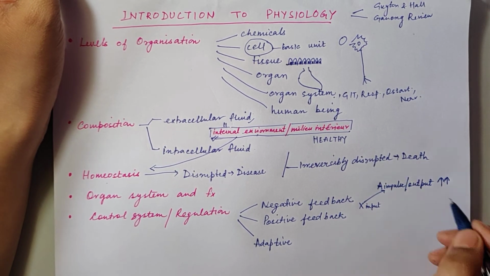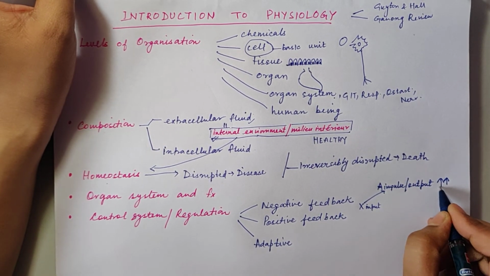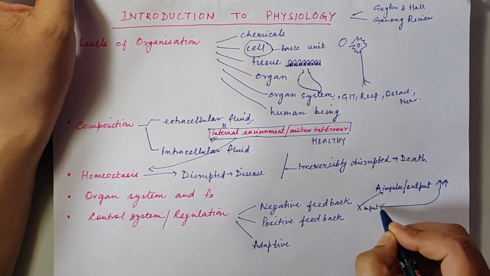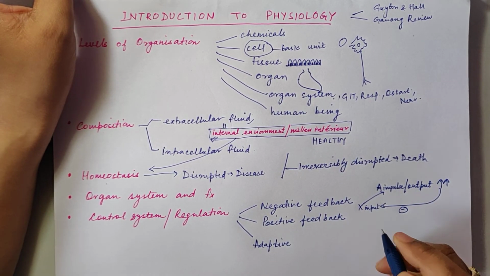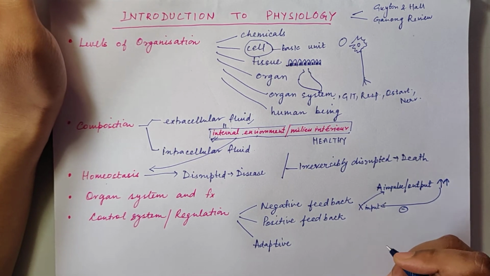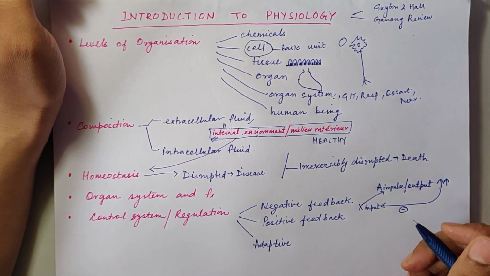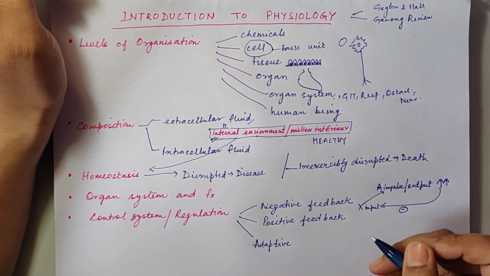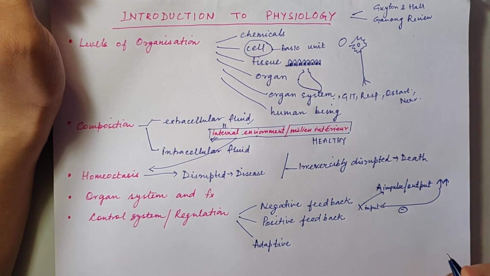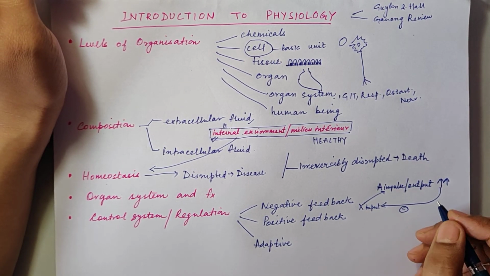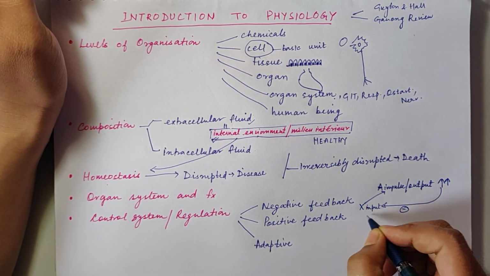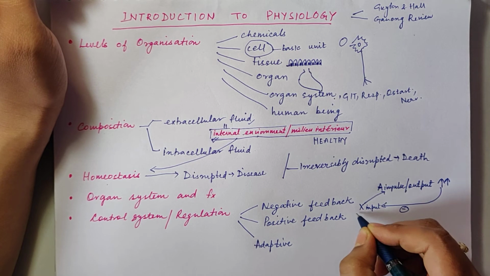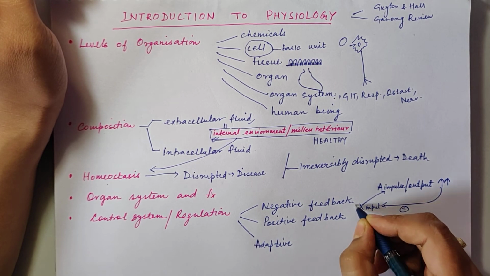So when this output increases, it will inhibit the production of this X input. If it is a neuron impulse, it will inhibit it. If it is some hormone, its production will be inhibited. But whatever it is, there is a certain X input which is increasing.